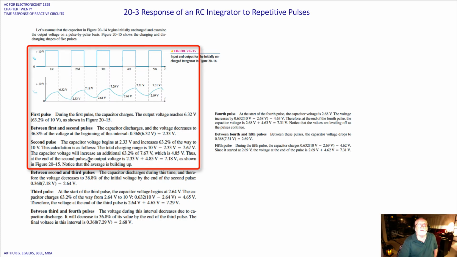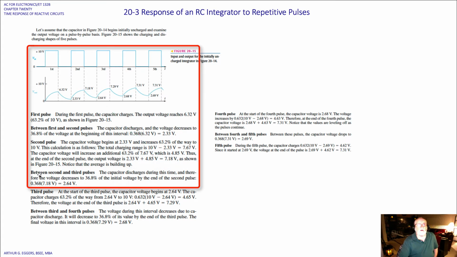The capacitor voltage will increase an additional 63.2% of the 7.67, which is 4.85 volts. Thus, at the end of the second pulse, the output voltage is 2.33 plus 4.85, which gives us 7.18 volts. And we can see that at the peak of the second iteration.